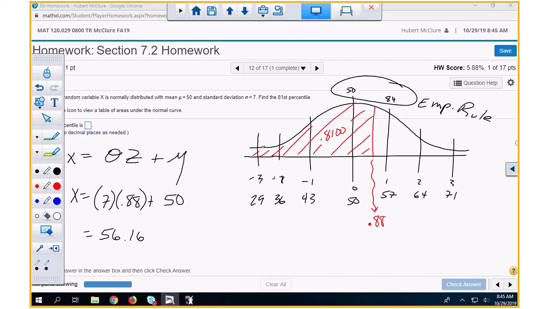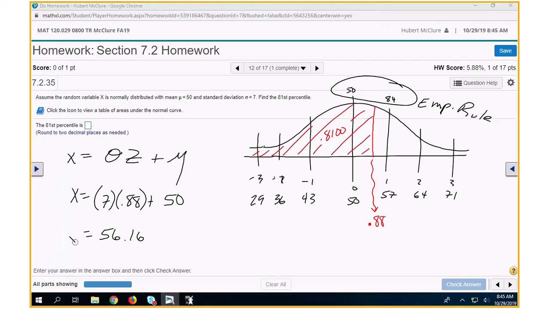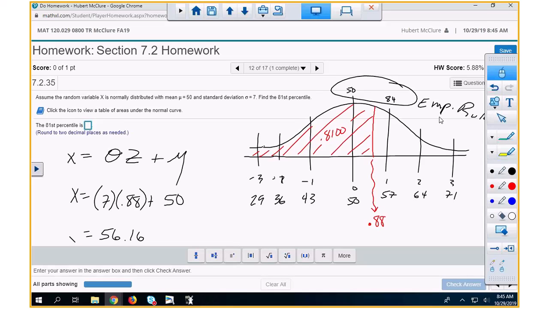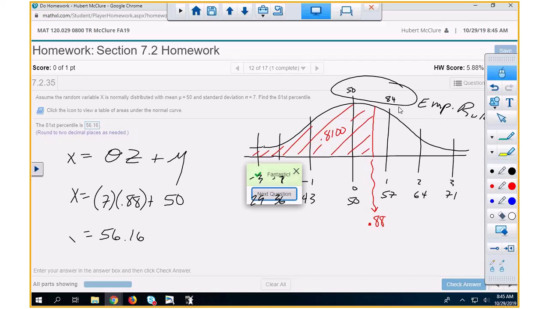So that's your answer, rounded to 2: 56.16. Is this math very hard? No. You just have to know the methodology to do it. And you feel good about yourself.